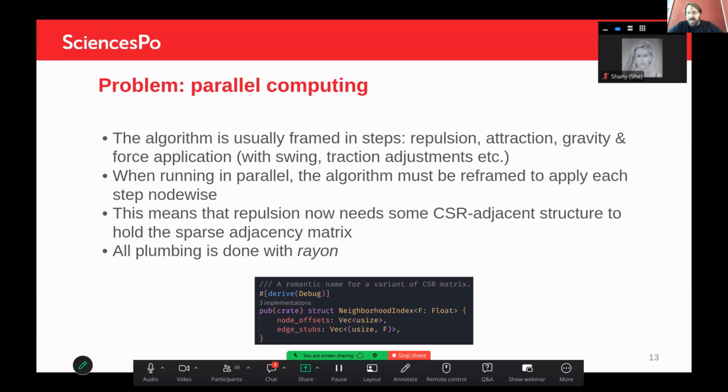But then if you need to have a parallel repulsion, you need to have some kind of CSR adjacency structure, so you can hold a sparse adjacency matrix and be sure that you can track a way between one node and all the adjacent nodes, which is not usually how the algorithm is implemented. Of course, all multi-threading plumbing was done with Rayon.